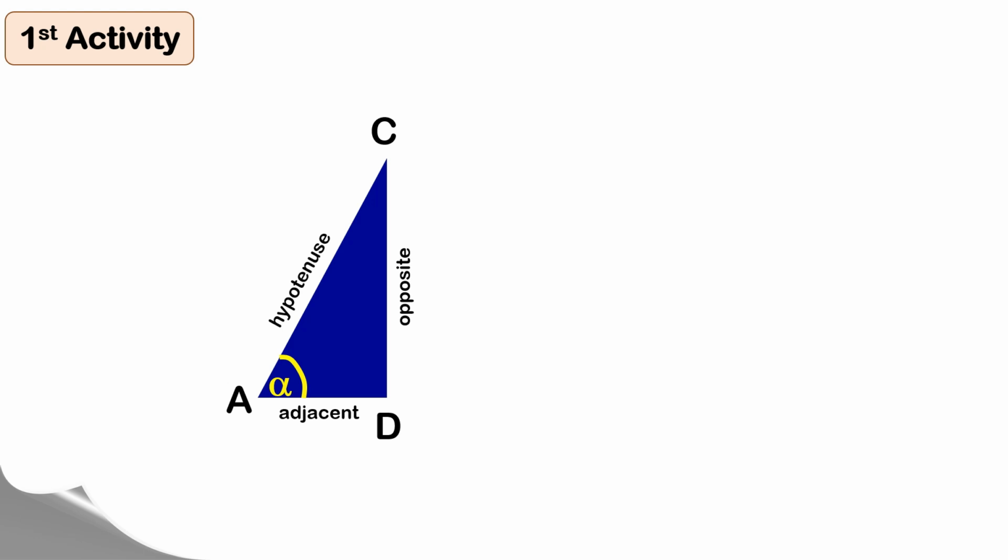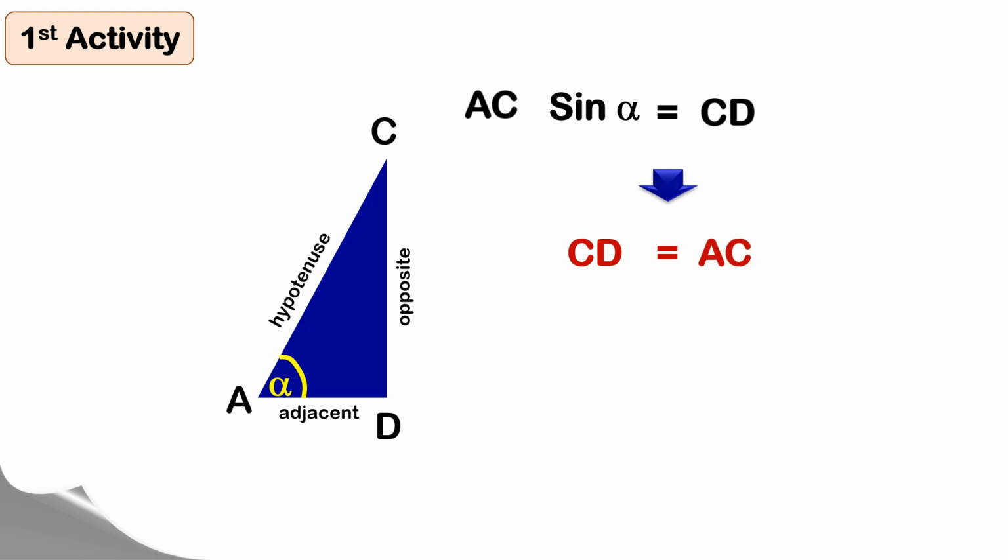So we get sin alpha is CD over AC. We change it into the form of multiplication: CD is AC times sin alpha.